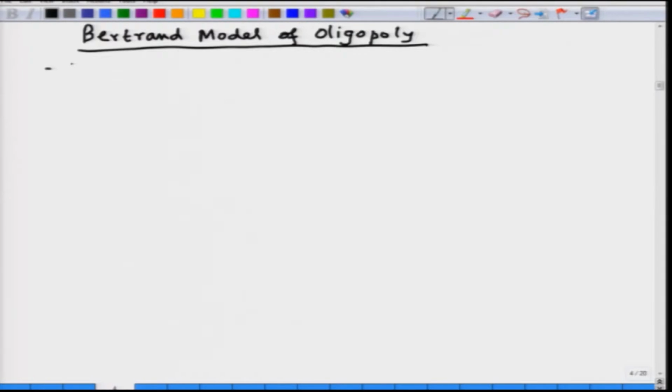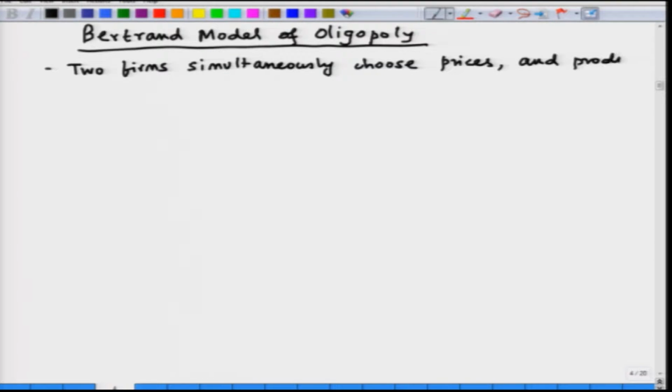So, the two firms simultaneously choose prices and produce enough output to meet the market demand.